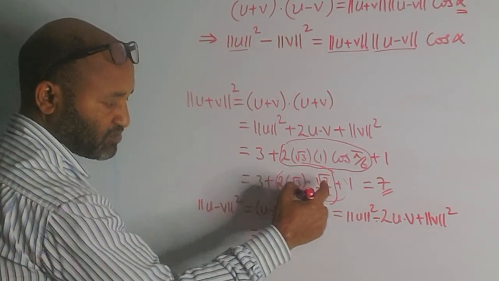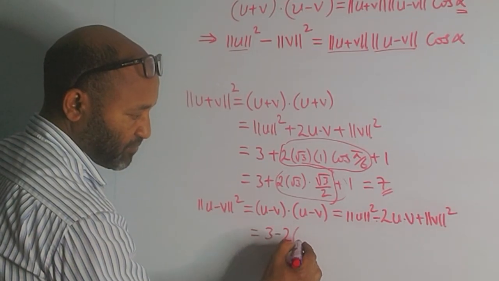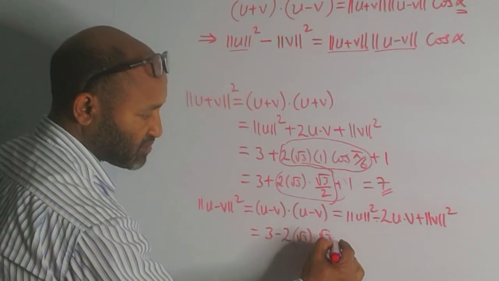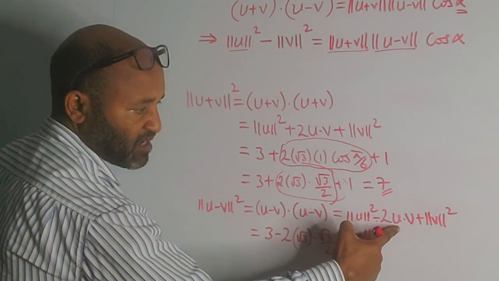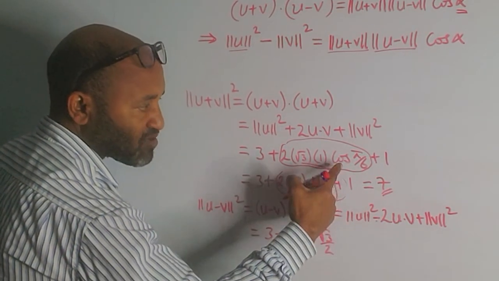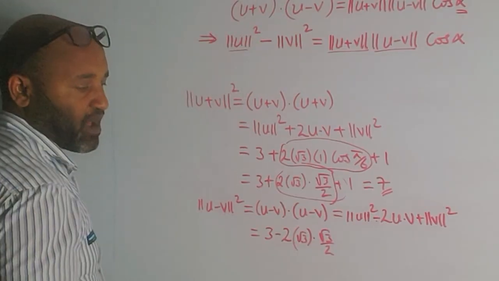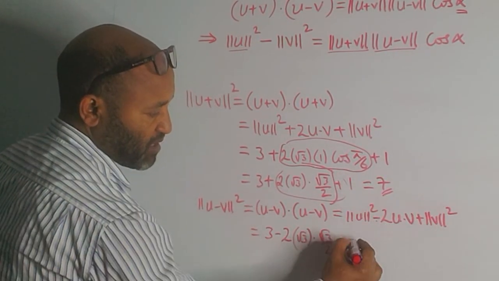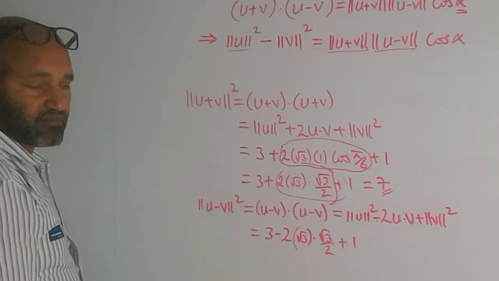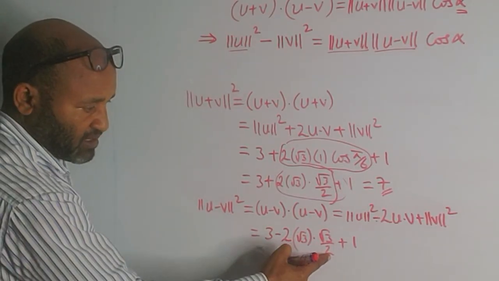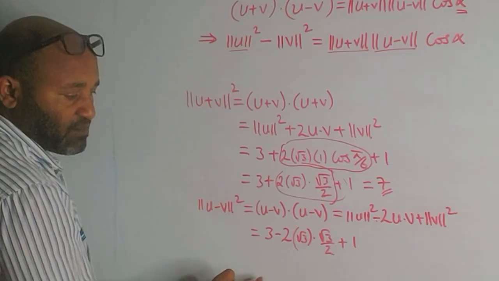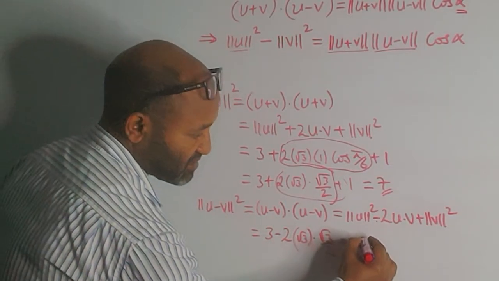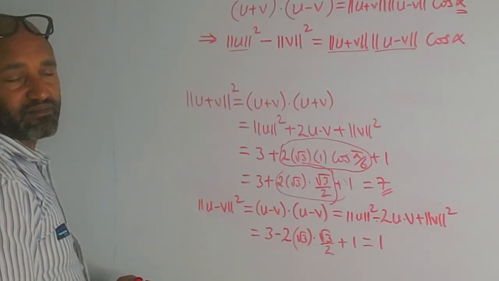So 2 cancel 2, it becomes radical 3 times radical 3 over 2. 2 times magnitude of u, magnitude of v, cos the angle between the two vectors, pi over 6, radical 3 over 2, plus magnitude of v square, that is 1. Then 2 cancel 2, radical 3 times radical 3, 3, 3 minus 3, 0, plus 1, that is 1.